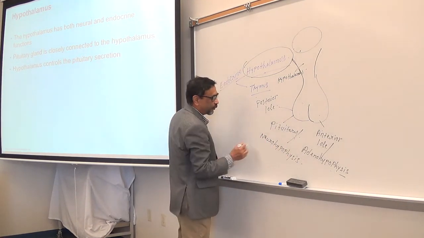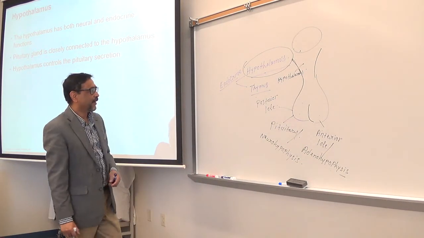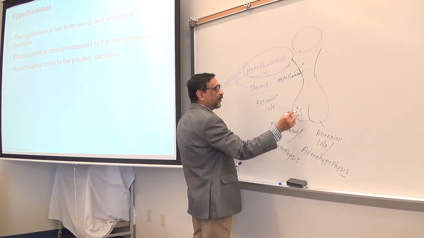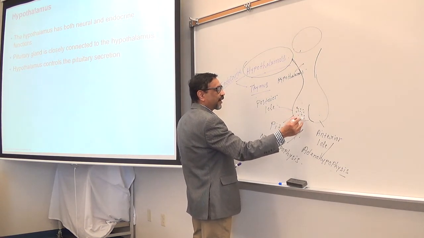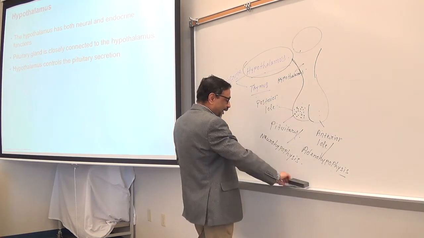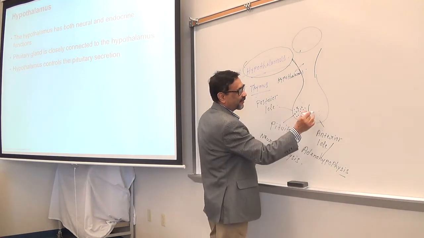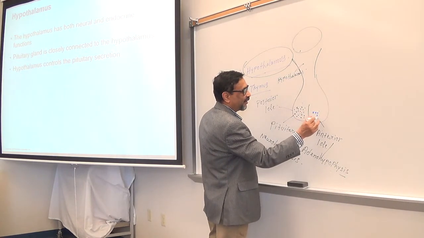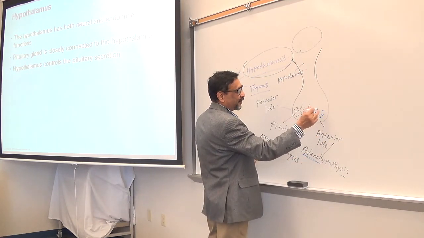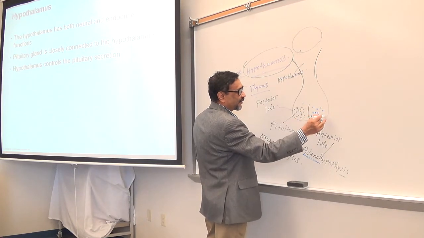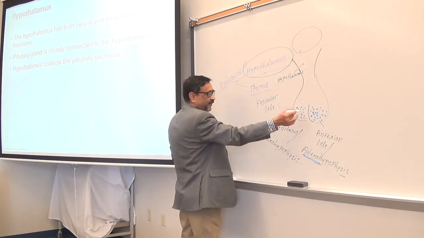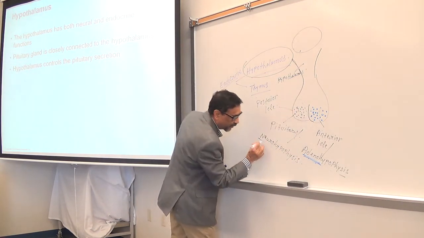Okay? Neurohypophysis. Because in this part the cells are like neurons. That's why called neurohypophysis. Okay? Neuron-like cells. And in this part, the cells are more like gland type cells, glandular cells. Adeno means gland, you know. So these cells are more like gland type cells, that's why called adeno. These cells are more like neuron type cells, that's why called neuro.